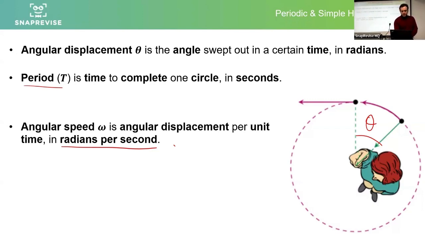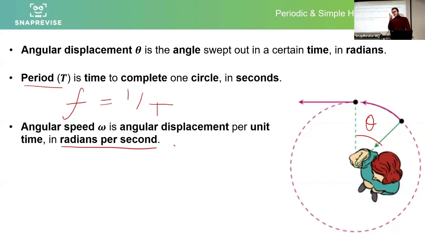Briefly, if the period is the time to take one full revolution, how many revolutions do you do per second? That's the frequency. It is going to be 1 revolution per period. The angular speed then. If you are doing, let's say, 3 full revolutions per second, how many radians are you turning through per second?